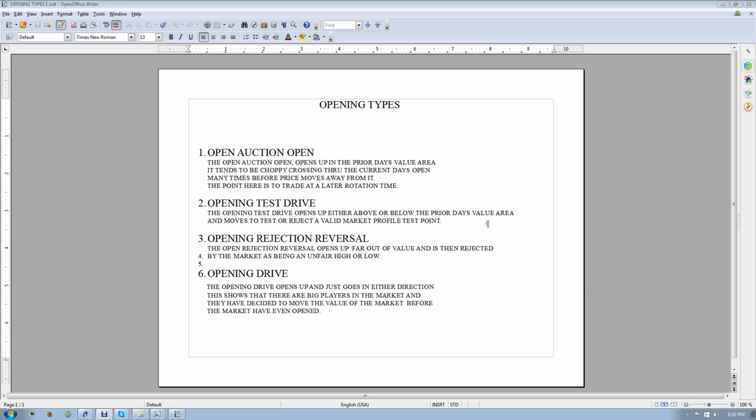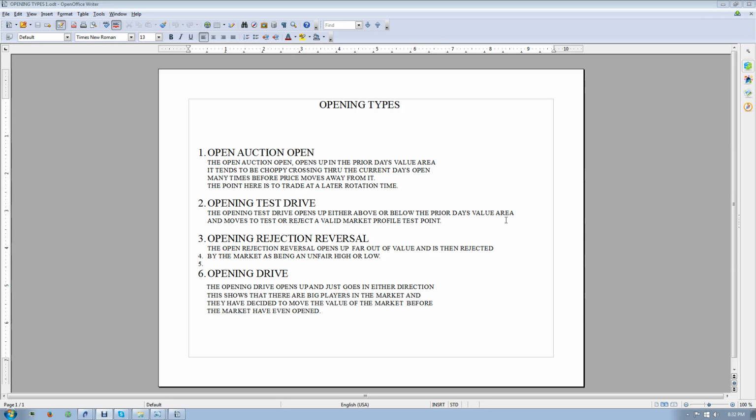A second type of opening is the opening test drive. And the opening test drive can open up within the prior day's range, or a little above it or below it.